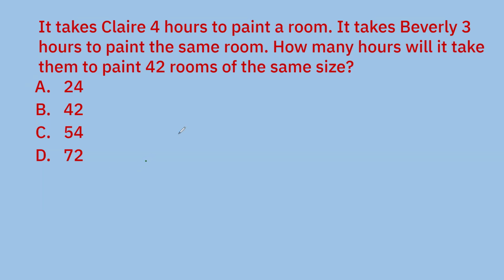Okay, so 42 rooms of the same size. So the total work is going to be 42, which equals total rate times time, which is what we're looking for, right?